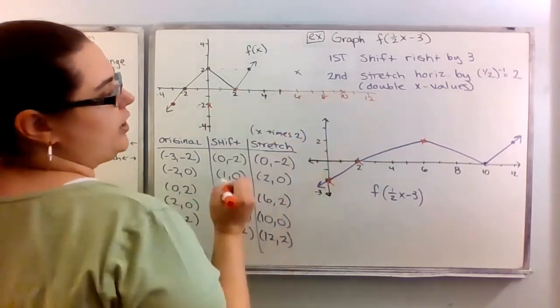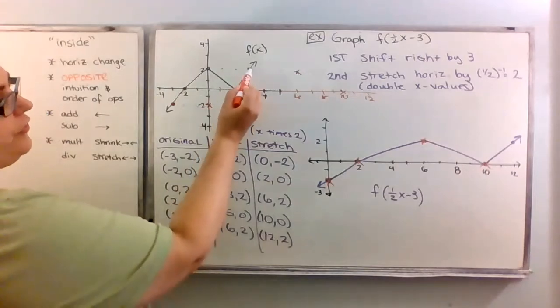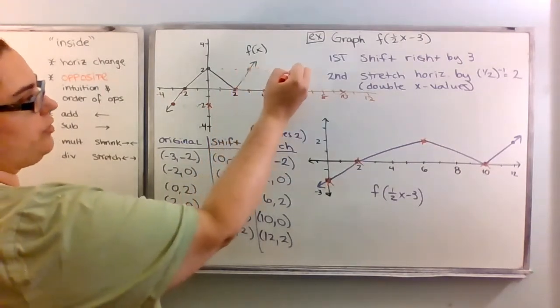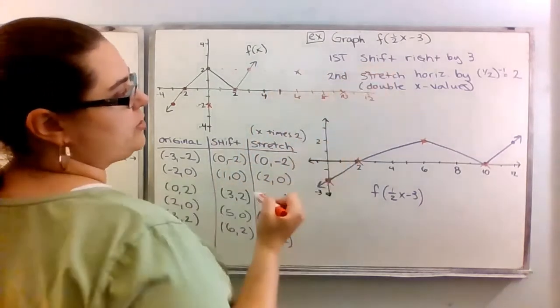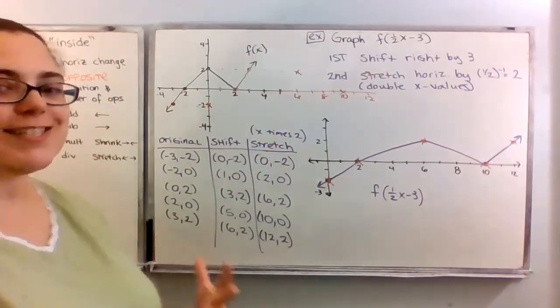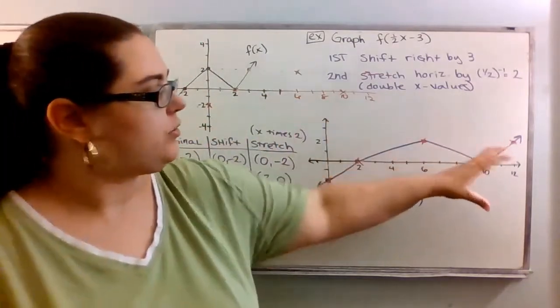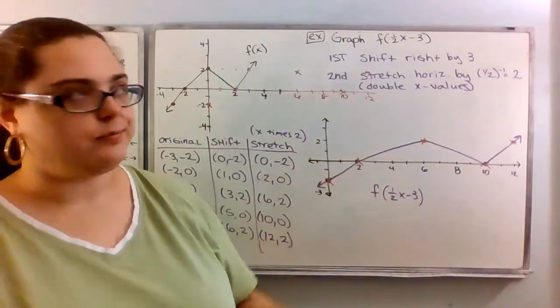So when I double it, I'm over at 10. And then for this one, I was at 3, 2. So I'm going to shift to the right 3, 1, 2, 3. And then I double the x. So I double 6, and that's where we're getting our 12. So you can see more visually, I guess, what's happening to each of those points as we do that transformation.